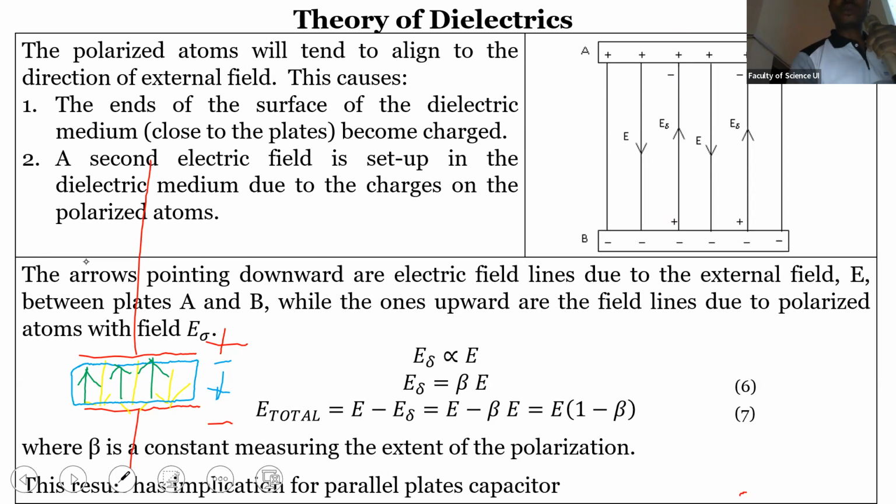That will mean that E will be equal to E delta. And when E is equal to E delta and they are pointing in opposite directions, then the total field there will be 0, which will be like a waste of resources.